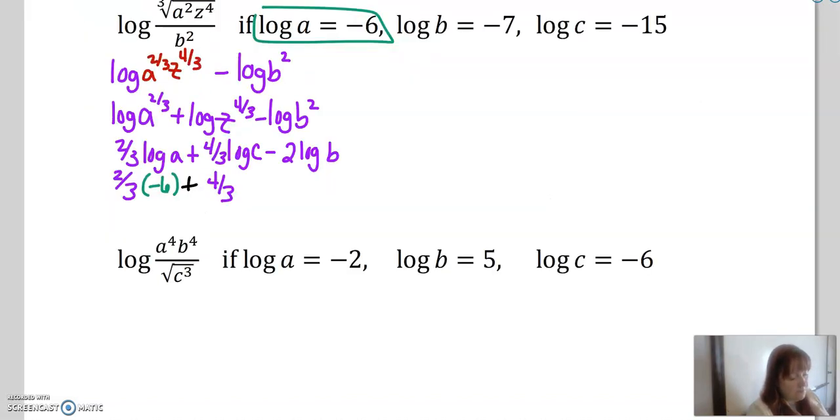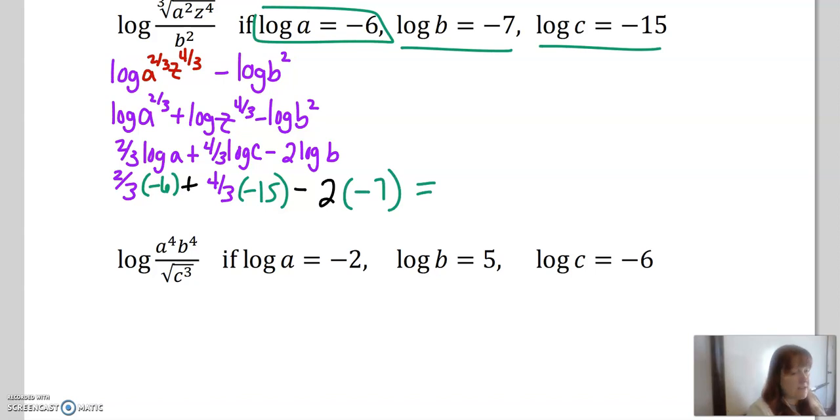So log of c was -15. Okay, so that's -15 there. And then minus 2 times log of b, and log of b is -7. So that's -7 right there. So now we're just going to multiply all this out and figure out what it is. So 2/3 times -6 would be -12/3, which is -4.